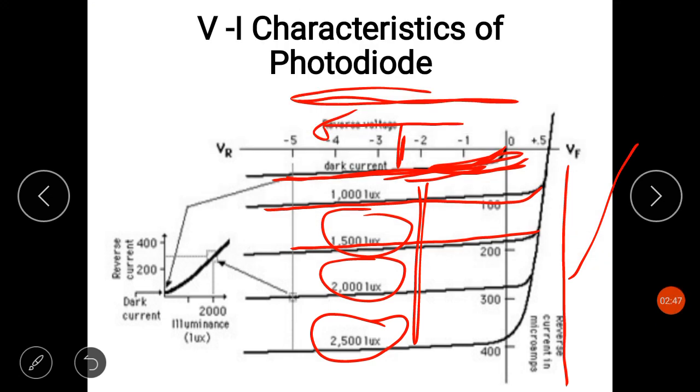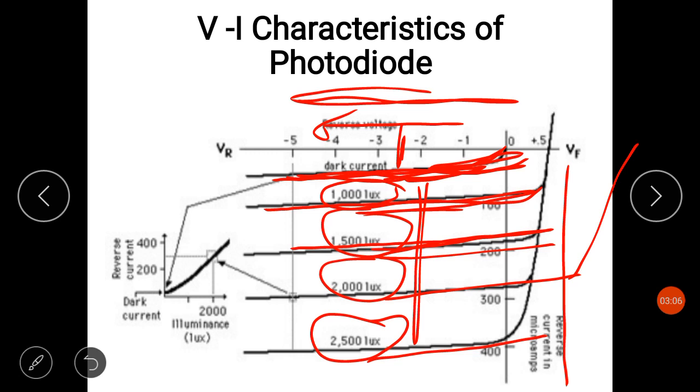Initially there was no illumination, the reverse current was this. Now if we increase the illumination to 1000 lux, then the reverse current is this. On further increasing the luminous intensity, the reverse current increases linearly.